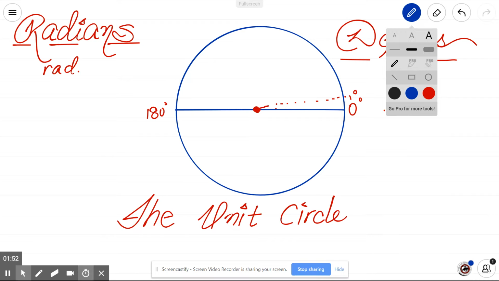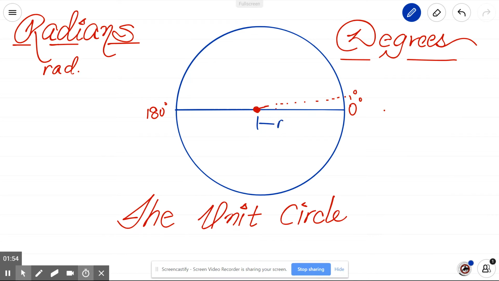And if I take a circle with a certain radius length, and the angle that is formed at the center of the circle, subtended at the center of the circle, let us say it's theta, the arc length will be exactly the radius. So that angle which is measuring the exact same length as the radius is going to be 1 radian.